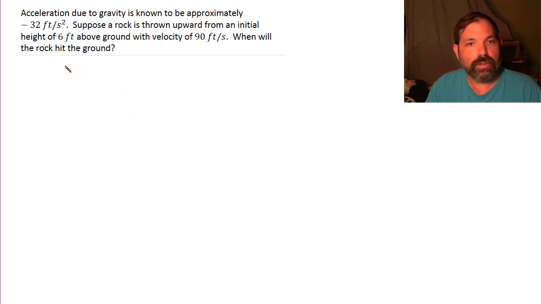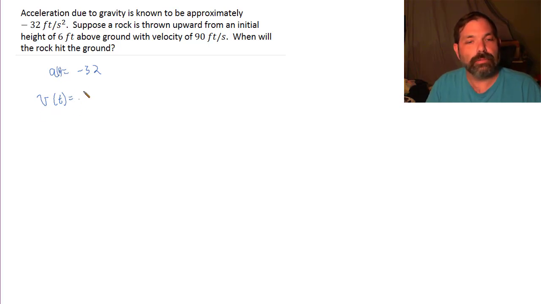All right, I know that the acceleration is constant. I know that the acceleration due to gravity is negative 32 feet per second squared. I know from what I've learned with differential calculus, with derivatives, that the acceleration is the derivative of the velocity. So, going backwards then, the velocity function, I could have called this a of t, right?